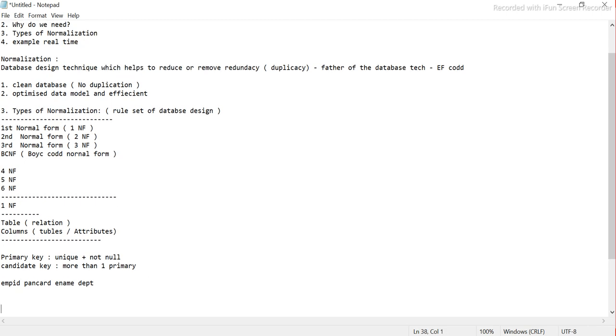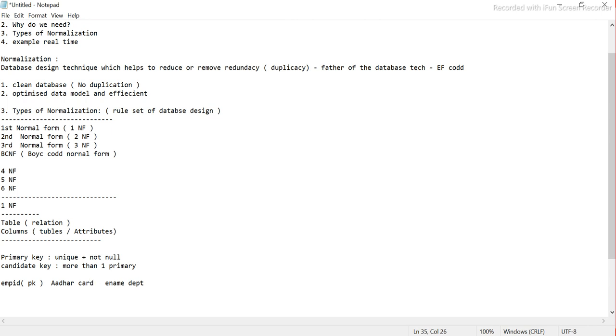When I say employee ID, this is always unique, isn't it? It is a primary key, correct? And the PAN card is also unique, because for each and every individual in India, or let's say Aadhaar card, I will say, guys, Aadhaar card in India.